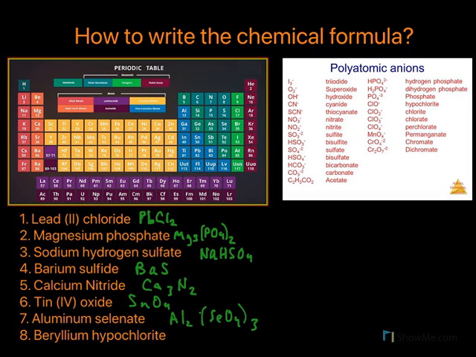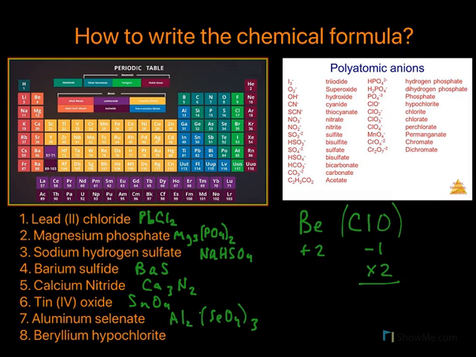And the last one, beryllium hypochlorite. So beryllium is a plus 2 charge, and hypochlorite is ClO minus 1. So we need 2 of the polyatomic hypochlorite.